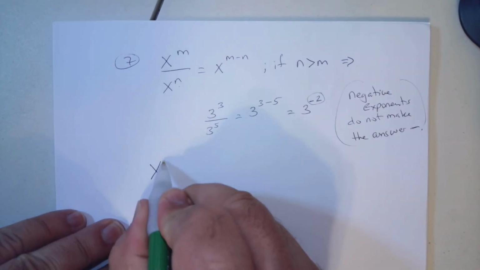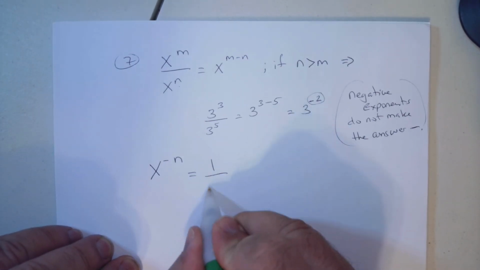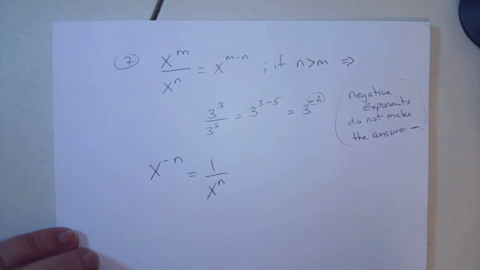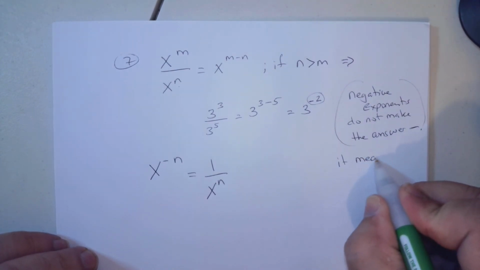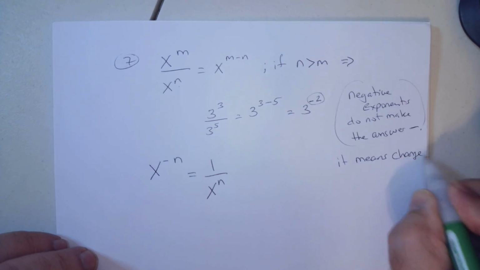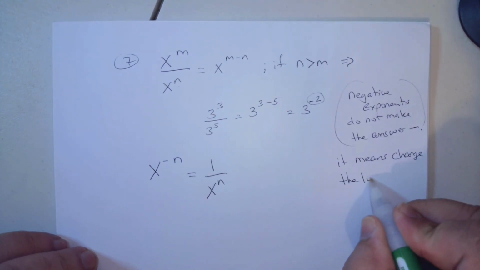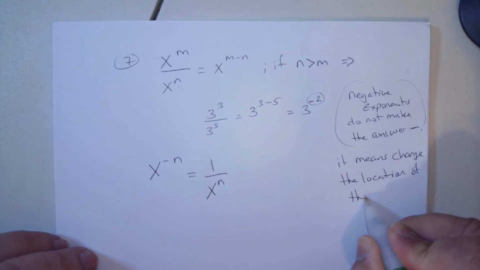All a negative exponent means is change the location of the number.